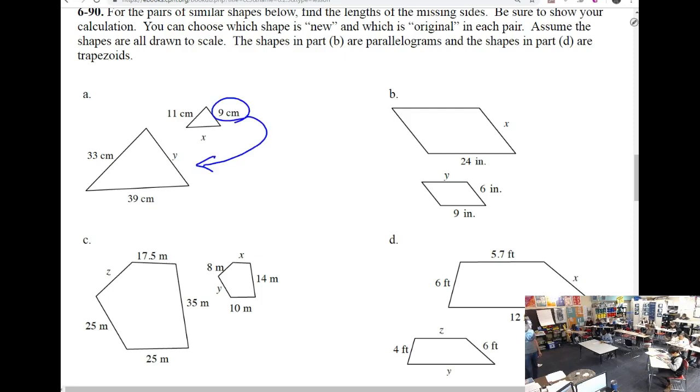I'm going to use my 3, so y is 27. If we're trying to determine our x, we're getting smaller, right? So we either divide by 3 or use the reciprocal and multiply. A third of 39, as somebody said already, is 13.